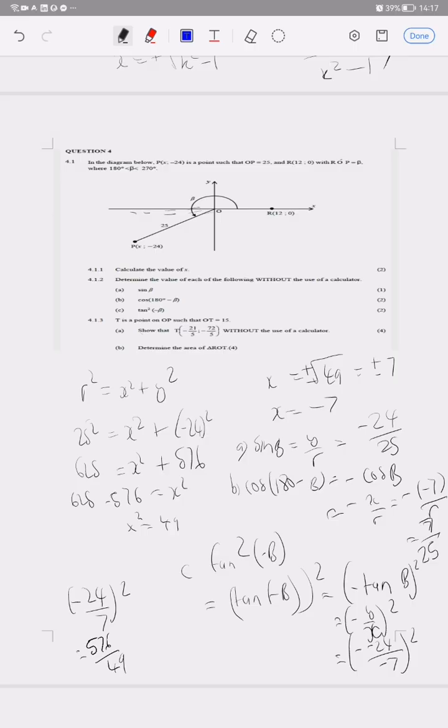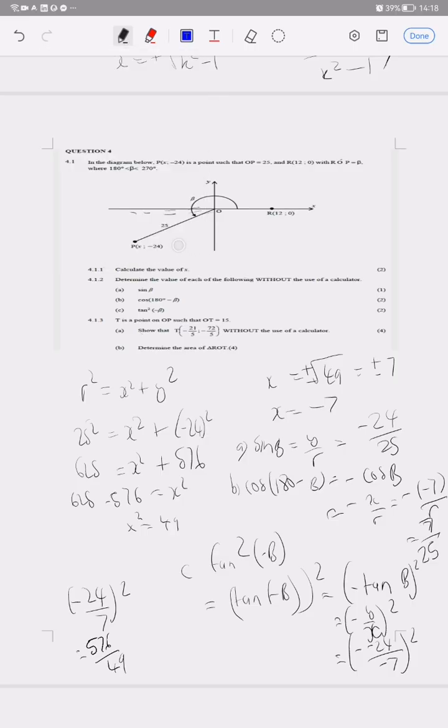It is a point such that OT is 15. All right, this one is a point on OP. Right, so how do you do this one? Okay, I'm just going to write a point here.